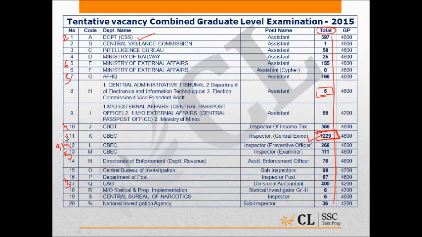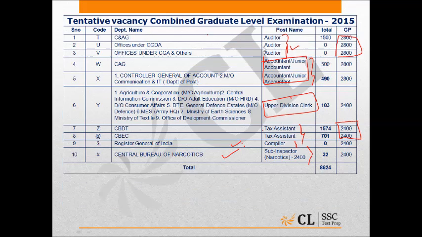The same I can apply here as well. I can see 1574 here, I can see 1500 here. So these two posts should be my first two preferences. Then I can go for this one, then this one with 500 and 490, and this one has 700 vacancies. Then the remaining are very few. So this can be one thing.